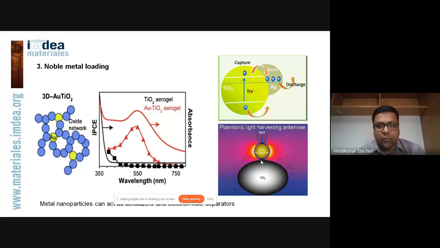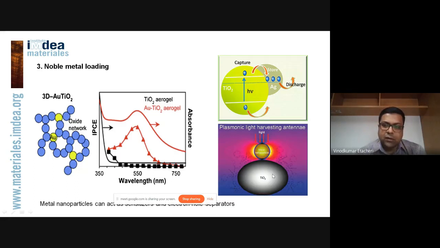The gold nanoparticles absorb light. Depending on the size of the gold nanoparticle, it can absorb light in the visible region. You can see it can absorb at 550 nanometers. That depends on the size and shape of the gold particles. And that absorbed energy can be transferred to TiO2, which is known as plasmonic energy transfer from a metal nanoparticle to a semiconductor.